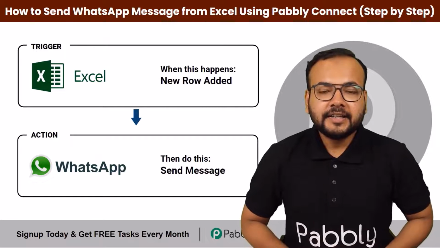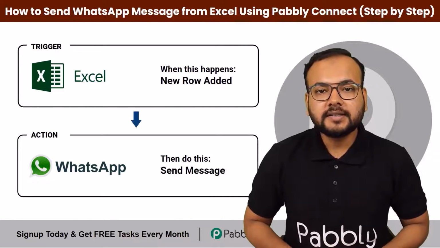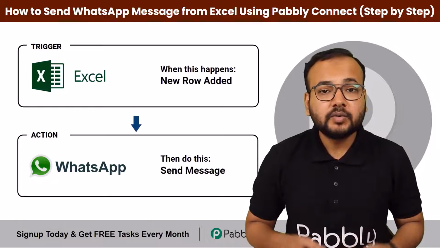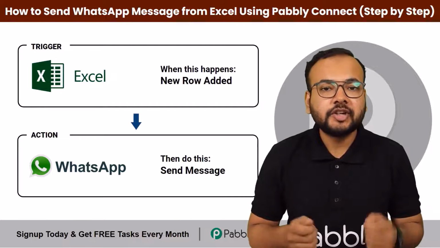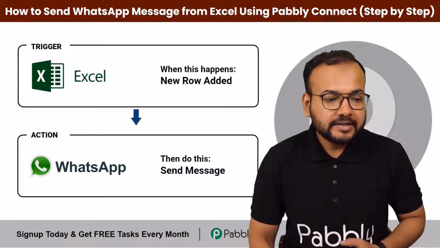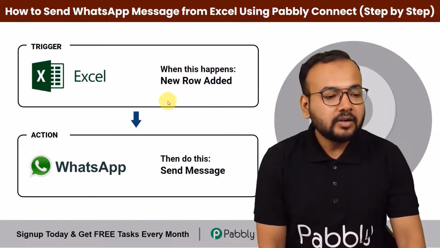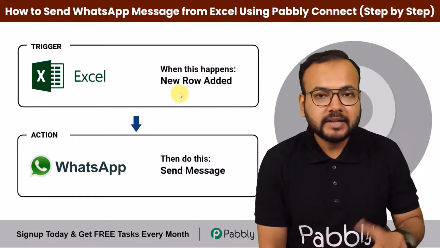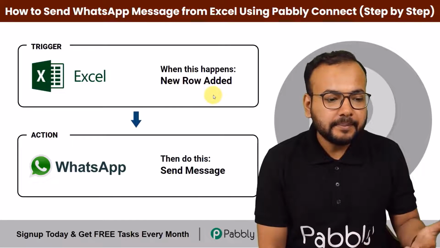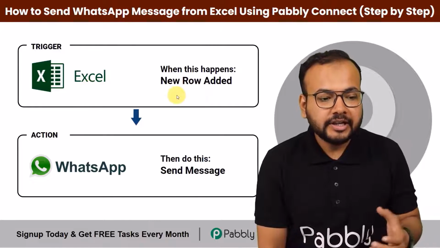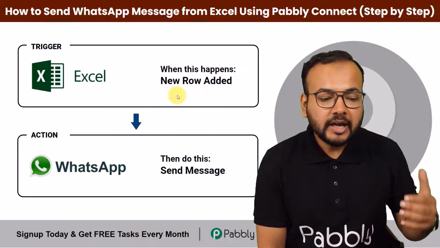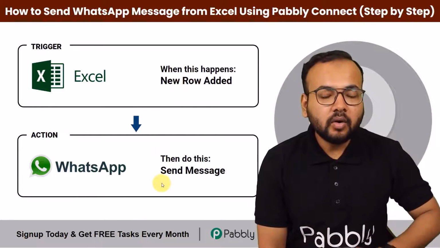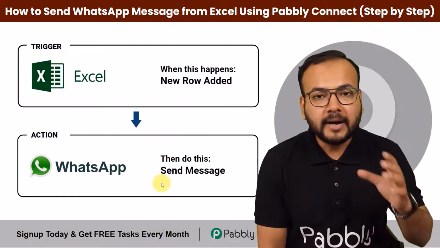Hey everyone, in this video you will learn how you can send WhatsApp messages using your Microsoft Excel sheet automatically. So guys, here you just have to add the contact details and the names and some other useful details of your people in your Excel worksheet, and after that WhatsApp messages will be sent to all those people in bulk automatically.